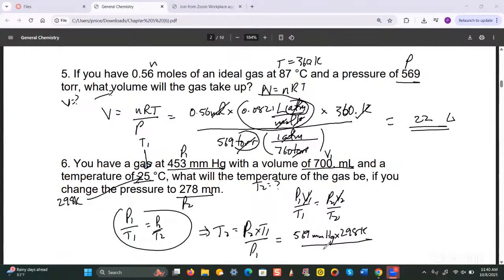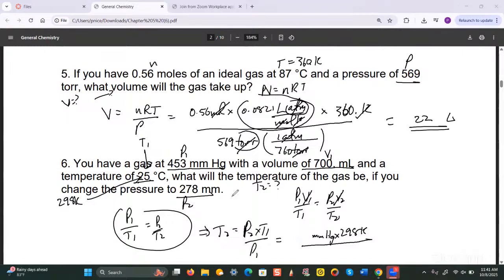Oh, I used the wrong number here too, my bad. This should not be 569, that should be 453 millimeters mercury. And down here, that should be 278 millimeters mercury. That's P2.